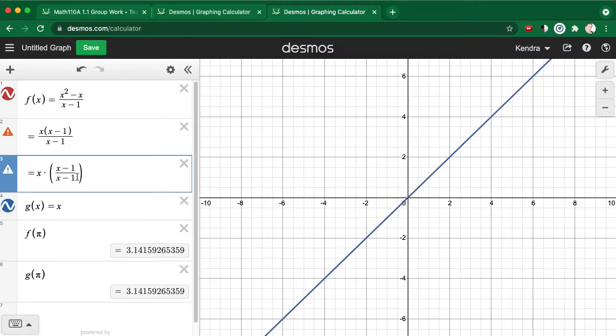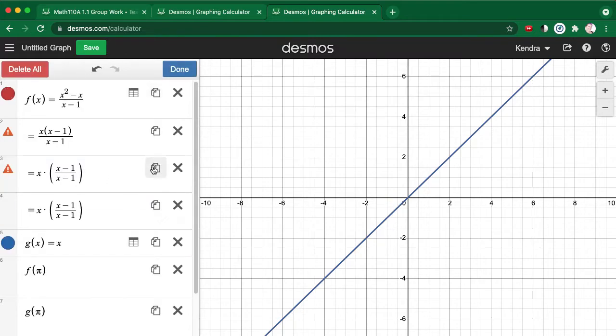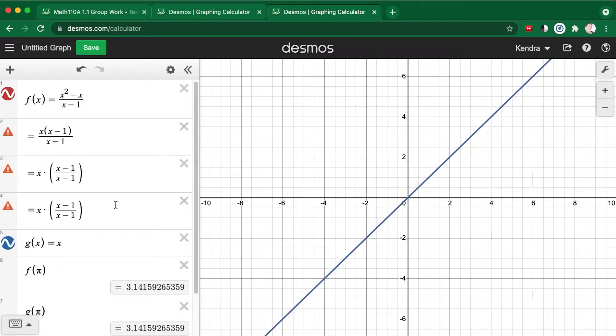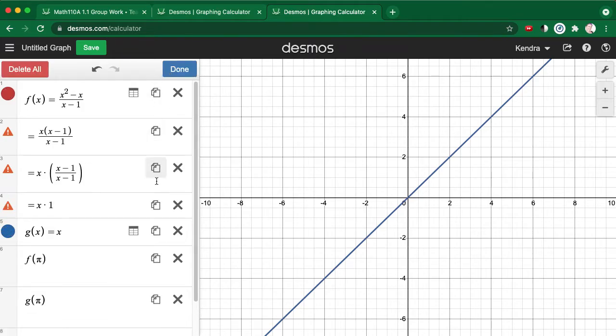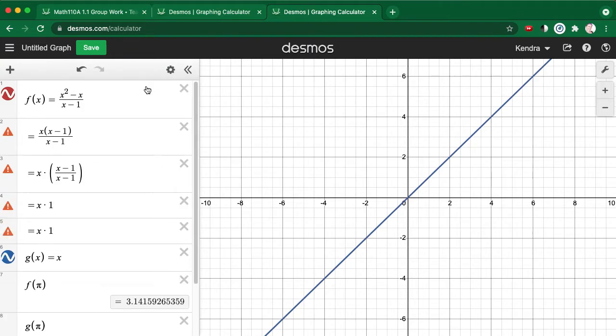Okay, and that fraction is equal to 1. So that fraction is equal to 1. And so that shows that f of x equals x.